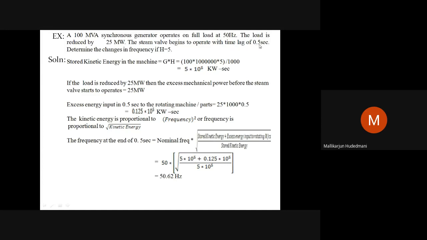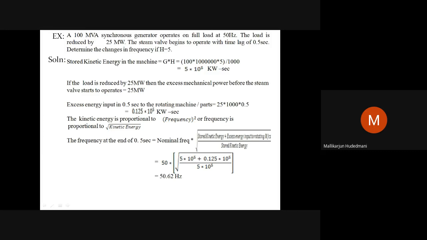Till 0.5 seconds, the energy which 100 MVA you are generating, you are delivering, is reduced by 25 megawatt. Then 25 megawatt is floating extra. Till what second? 0.5 second. By the time the valve closes, this 100 becomes 75 only, meaning 25 is reduced.